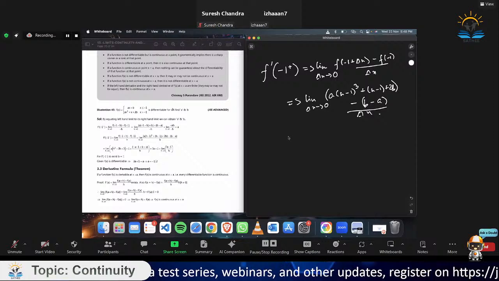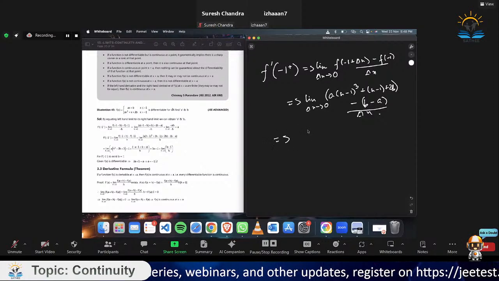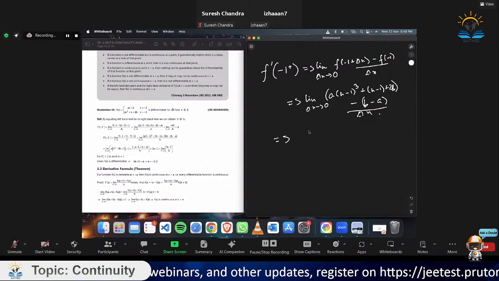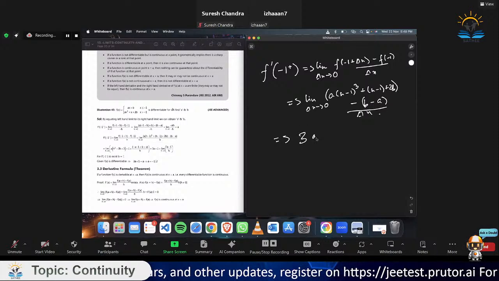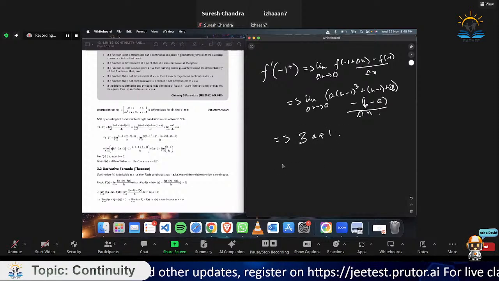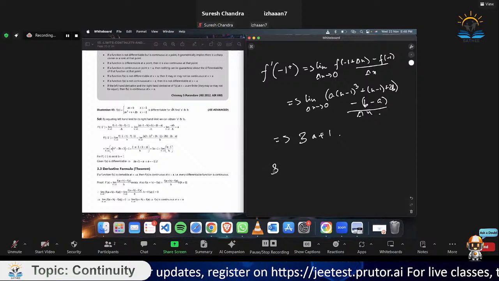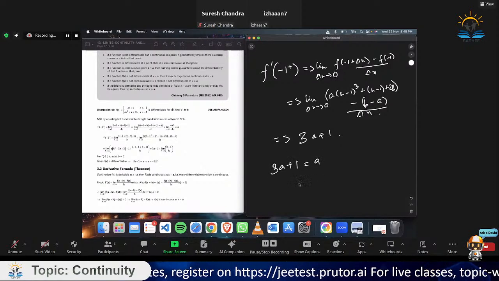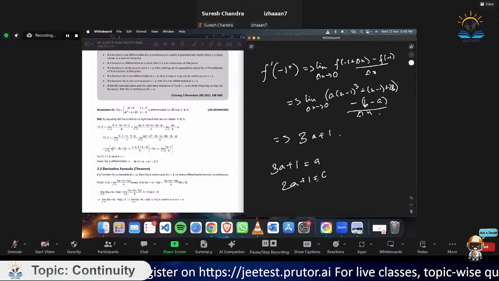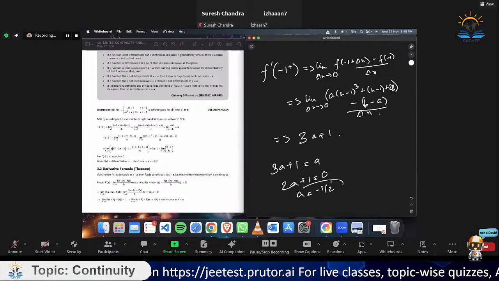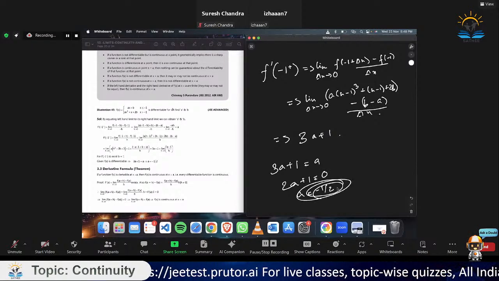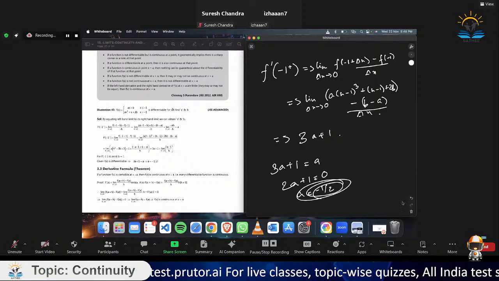It has been given to me that the value for it is 3a plus 1, right? Now, if RHL should be equal to LHL, then 3a plus 1 should be equal to a, and 2a plus 1 should be equal to 0. That means a should be equal to minus 1 by 2. This is how we do these questions.